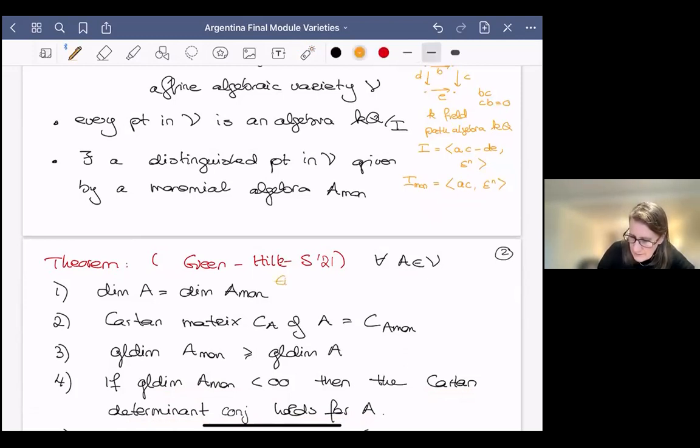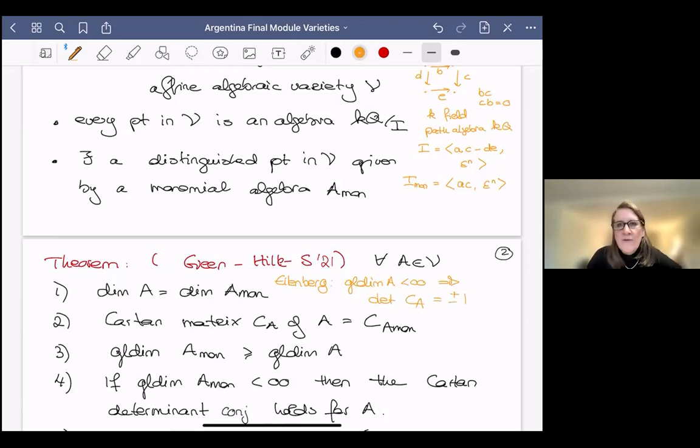Well, in, I think, 1969, Eilenberg showed the following: suppose we have an algebra that is of finite global dimension. Then this implies that the determinant of the Cartan matrix of that algebra is equal to plus or minus 1.